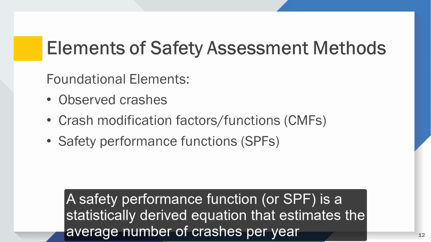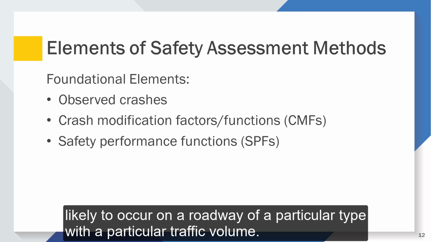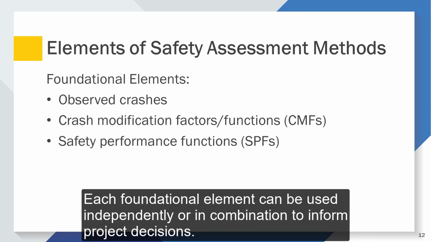A safety performance function, or SPF, is a statistically derived equation that estimates the average number of crashes per year likely to occur on a roadway of a particular type with a particular traffic volume. Each foundational element can be used independently or in combination to inform project decisions.